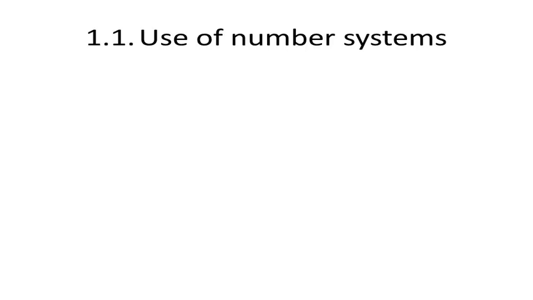Use of number systems. Now we already know the decimal number system, that starts from 0 and ends with 9, and using those 10 different numbers we can represent any value.